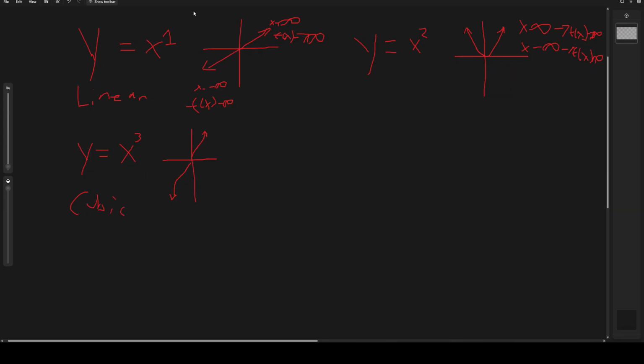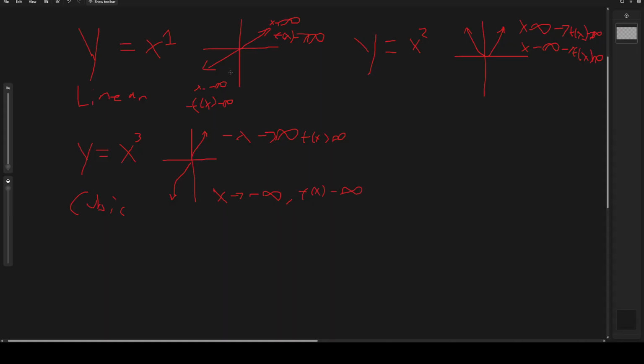Well, first of all, these are going to have the same end behavior. So look, as x goes to infinity, f(x) goes to infinity as well. As x goes to negative infinity, f(x) is also going to go to negative infinity.